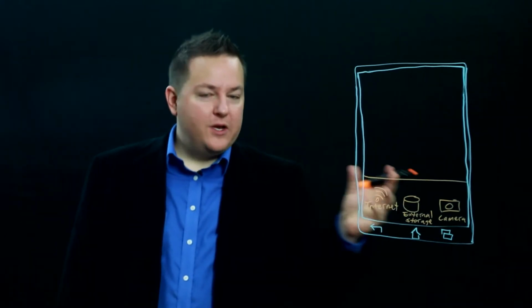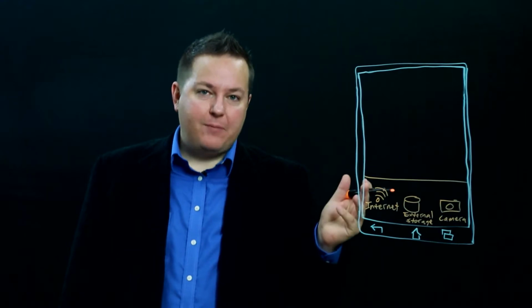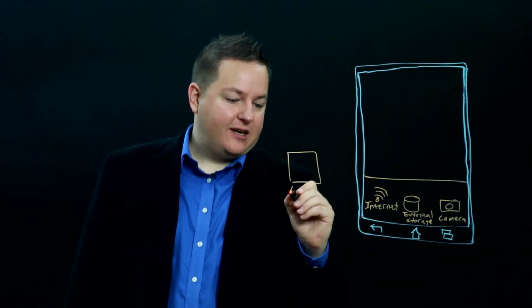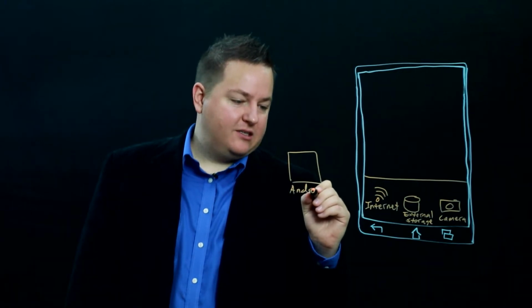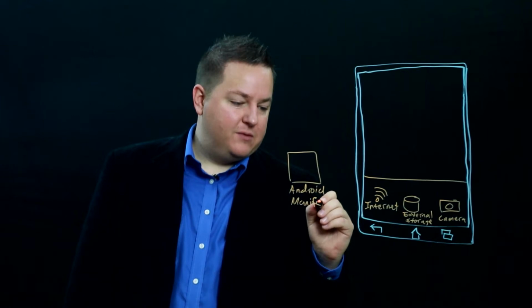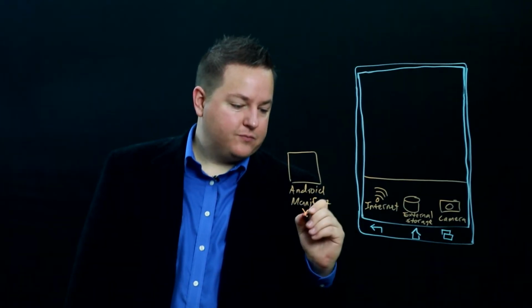Well, when you create an Android app, one of the things you have to specify is an AndroidManifest.xml file. This is the file that all of you should be very well familiar with if you've been building Android apps.